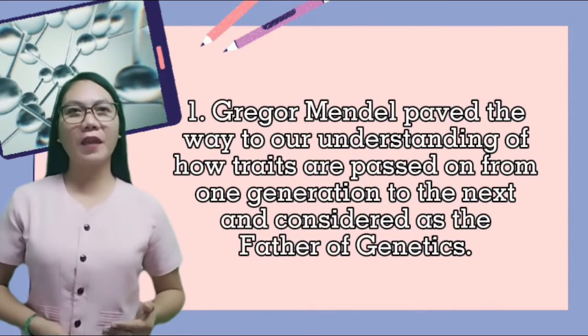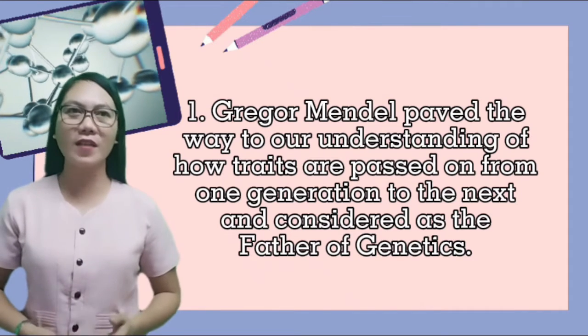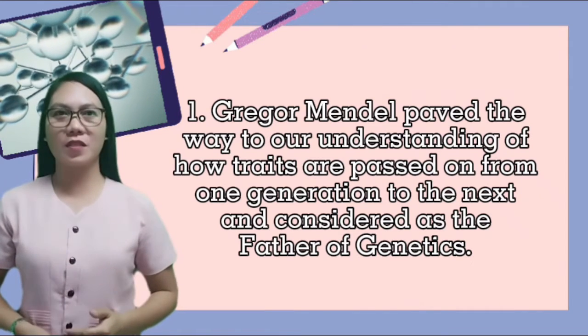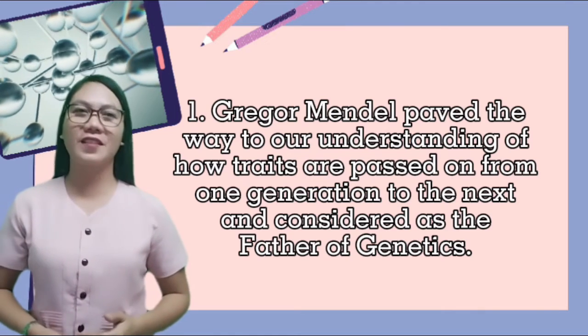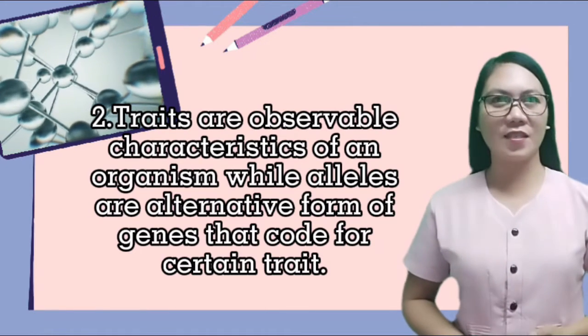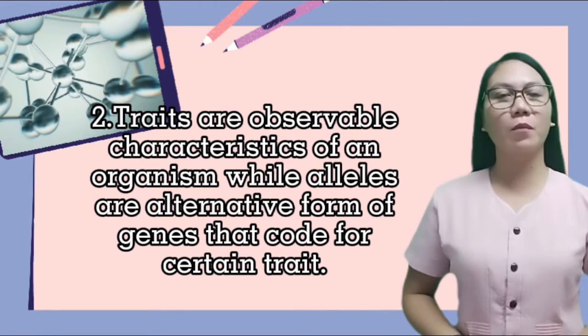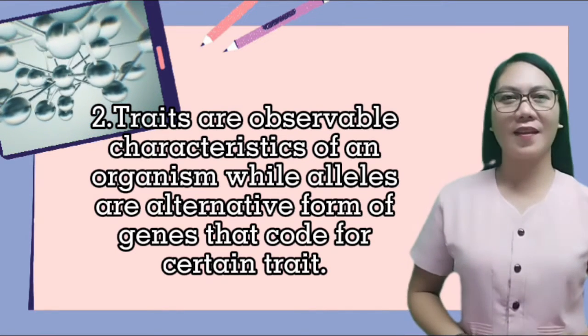Let us now summarize all the concepts that we have learned in our discussion for today. Gregor Mendel paved the way to our understanding of how traits are passed on from one generation to the next and is considered the father of genetics. Traits are observable characteristics of an organism, while alleles are alternative forms of genes that code for certain traits.